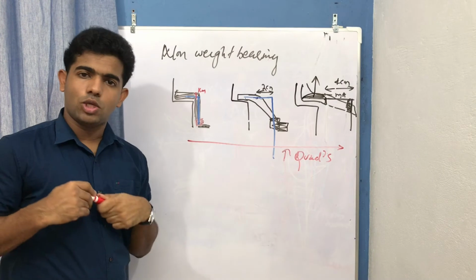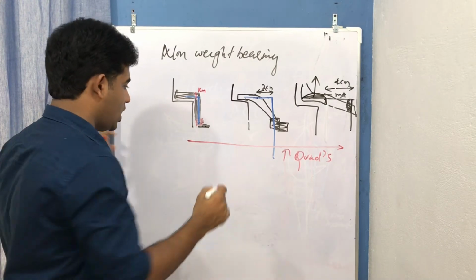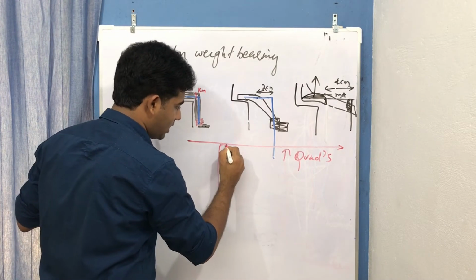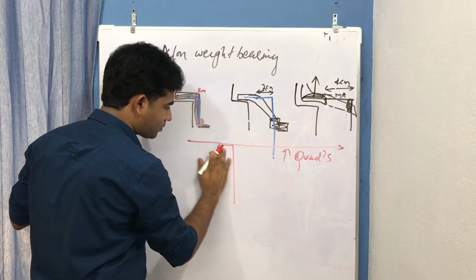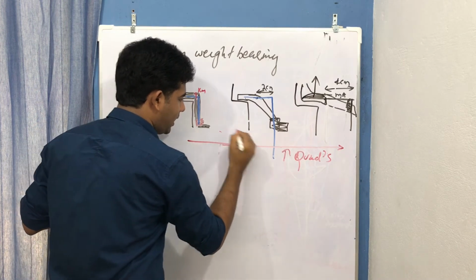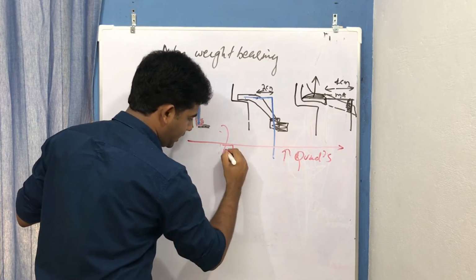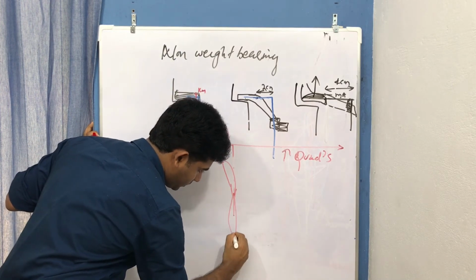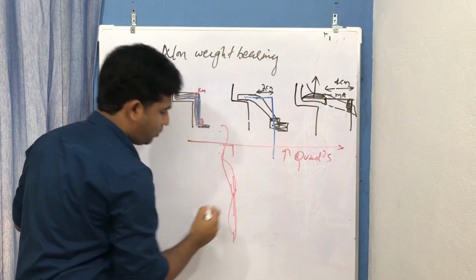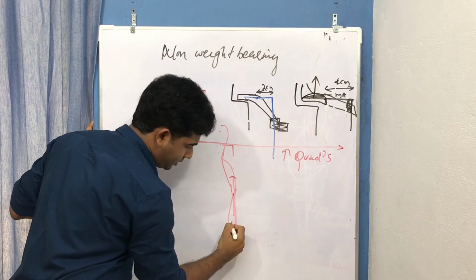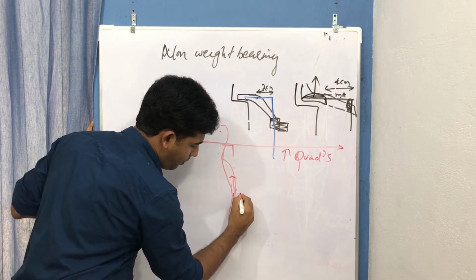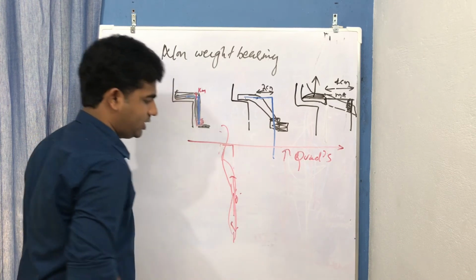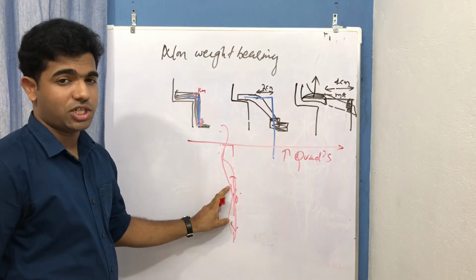Now the second scenario is a squatting scenario. For example, a person is standing like this. When he is in this position, the gravitational extension moment is at the joint axis itself, so it is providing an extension.